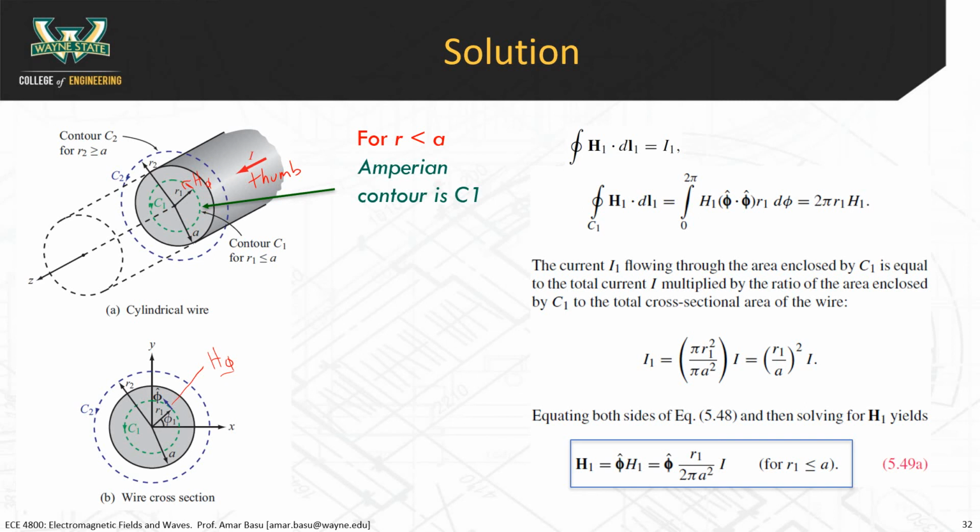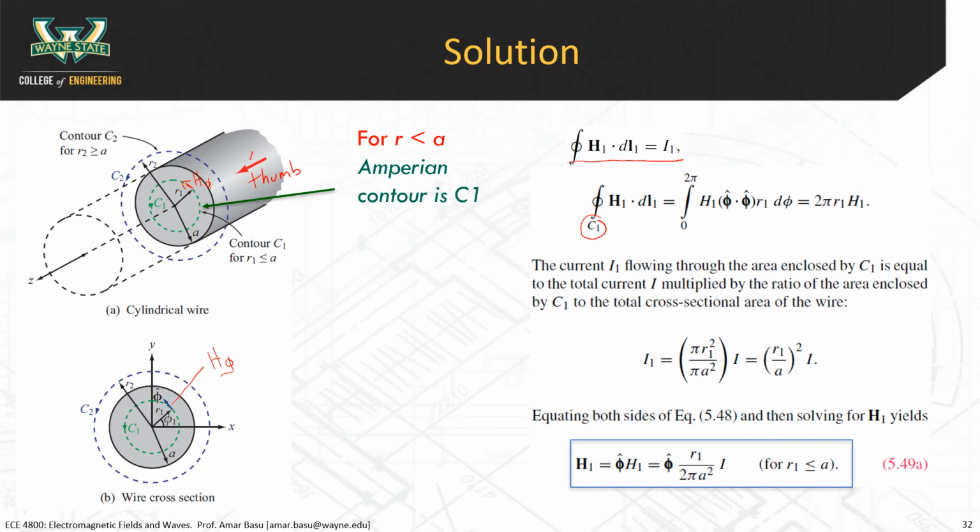All right, applying Ampere's law. Your contour is going around the contour C1, this green circle, so it's equal to the integral of H dotted with dl. Just like in the previous example, if the magnetic field is uniform everywhere on this circle, then the line integral is just equal to the magnetic field, H phi, times the circumference.